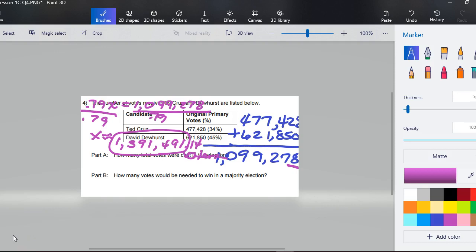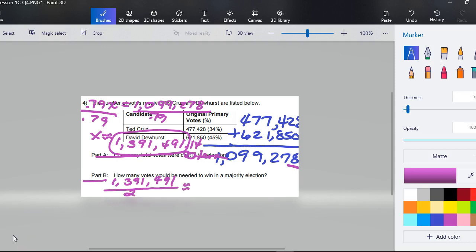And now, if that is the total amount of voters, looking down here at part B, then how many votes are going to be needed to win a majority? A majority is when you have the number of voters and it's half of that. But remember, it's got to be just a little bit more than half, just over half. So we're going to divide this by 2.